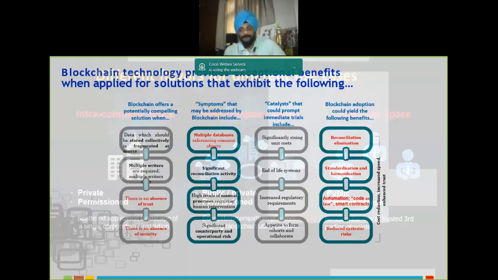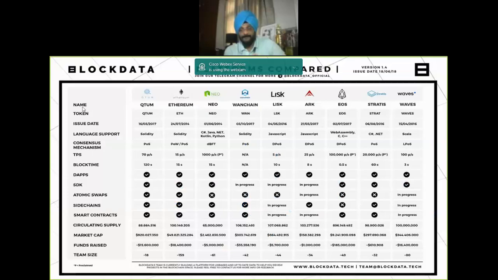So these are the famous ones. These are the names which are given all across: Qtum, Ethereum, Neo, Vechain, Lisk, Ark. And these are the consensus mechanisms, which are so different for all of them. They use different ones, and some are private, some are public. They have different technology, sorry, the software support which they are working on.